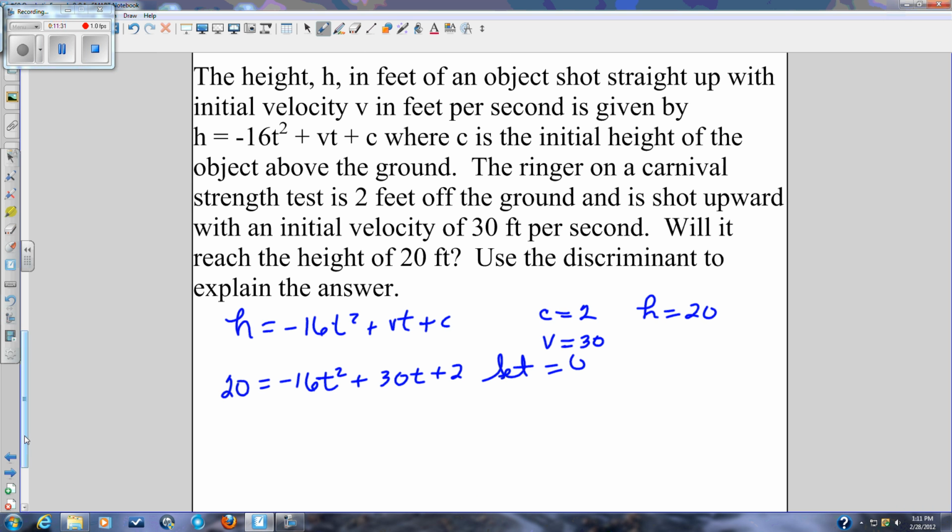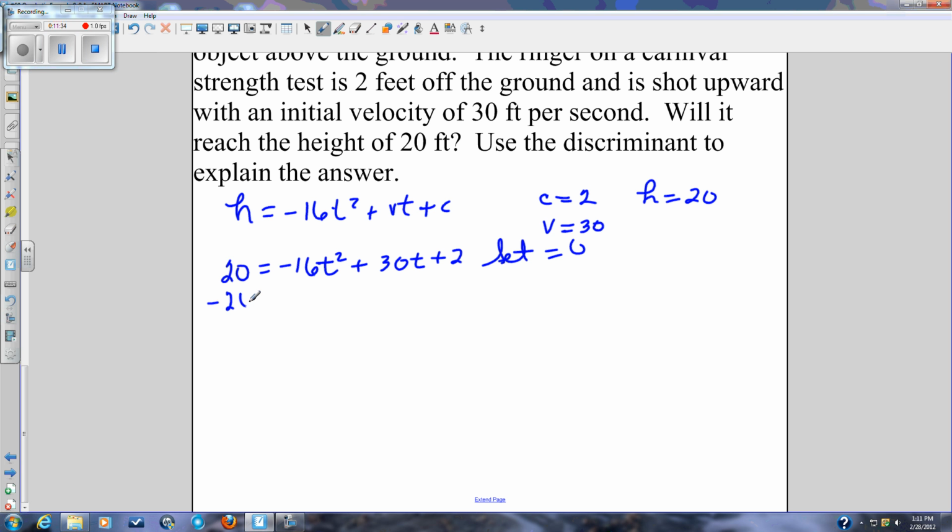Now, as always, we have to set our equation equal to 0 before we can do anything. So we're going to have to subtract 20 from each side. So we end up with 0 equals negative 16t squared plus 30t minus 18. Now let's figure out a, b, and c.